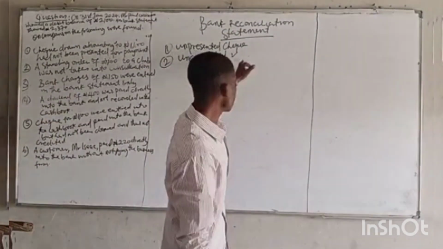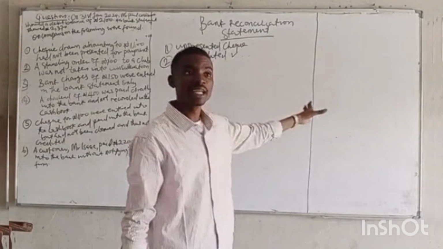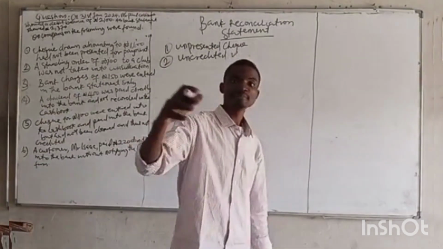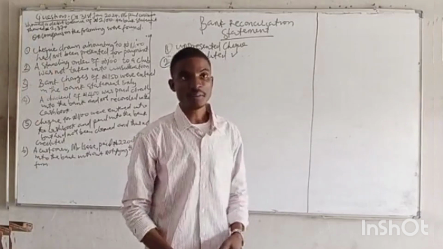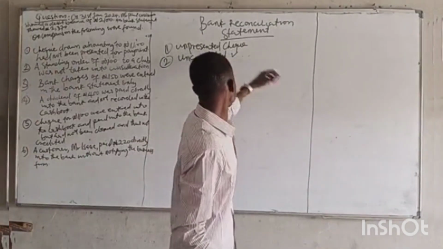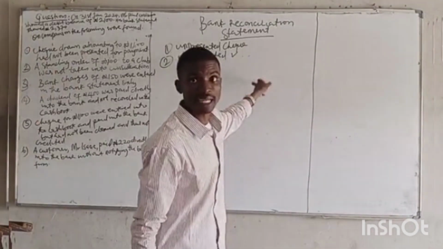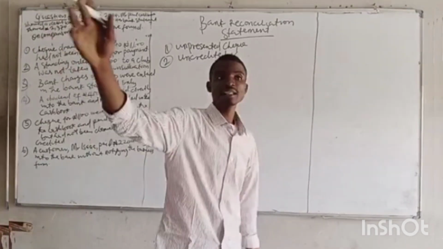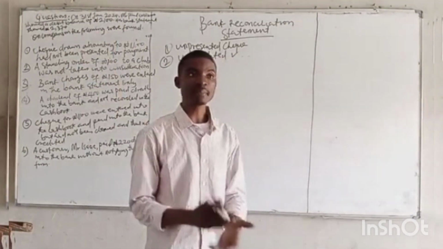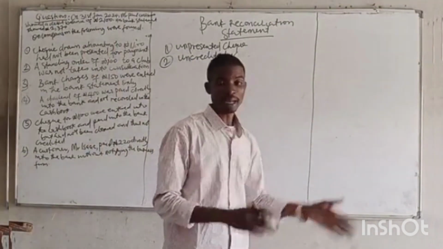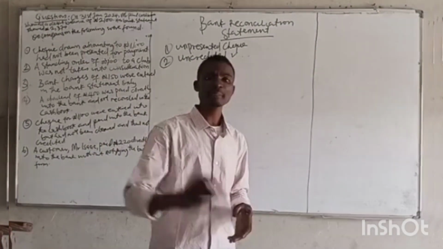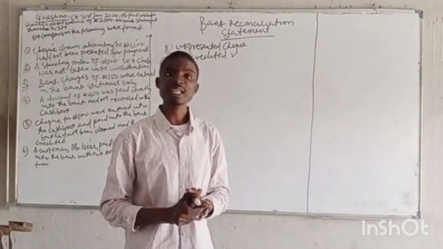But in this case, the business firm debited their cash book while the bank statement balance still remains the same. So the effect now is that the balance of the cash book will be higher than that of the bank statement.